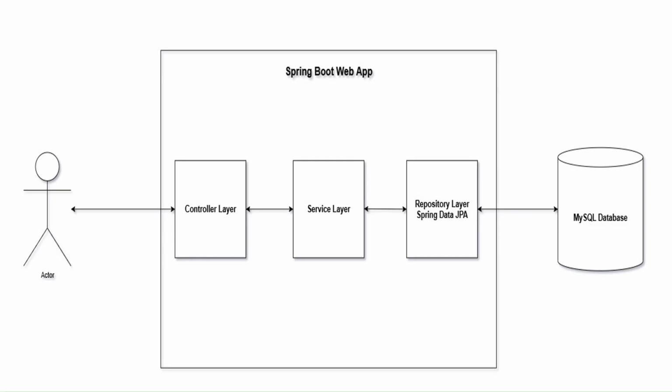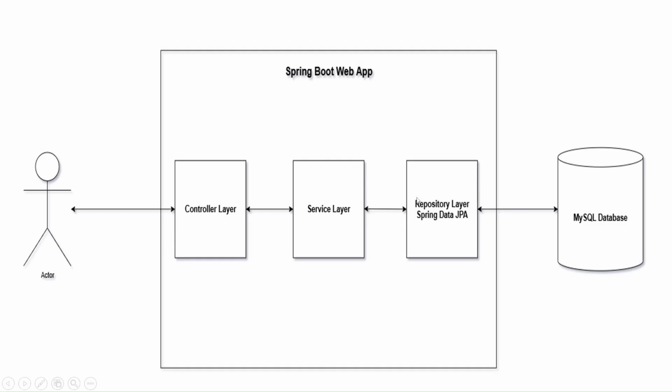This is the industry standard: any web application should have at least three layers. The first is the controller layer, where we expose our REST APIs, then comes the service layer, where we write our business logic, and then comes the repository layer, which talks with the database and manages the data available in our database. And how does the repository layer do it?